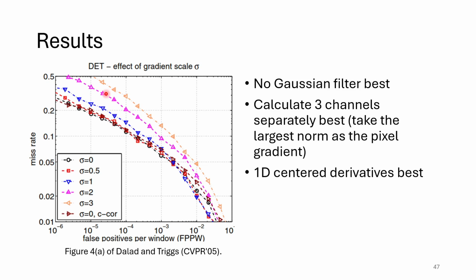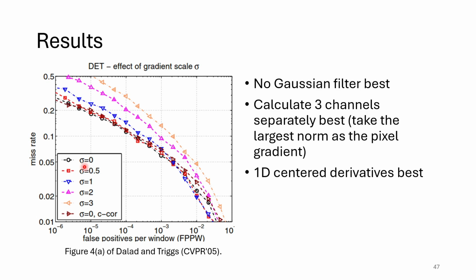So comparing among the 7 curves, the lowest one is the best result. So which is the best? It is the black dashed line, where sigma is 0. It means that if they don't use any Gaussian filter, the result will be better.